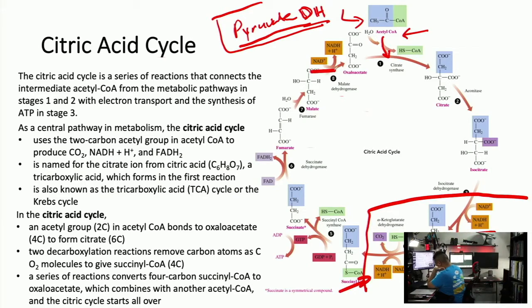And there's also an FAD that's being made here at succinate dehydrogenase. So we get a lot of our electron carriers being made in the steps of the citric acid cycle, which means there will be a lot of oxidoreductases, right? Dehydrogenase enzymes. So let's go through each step one by one now.